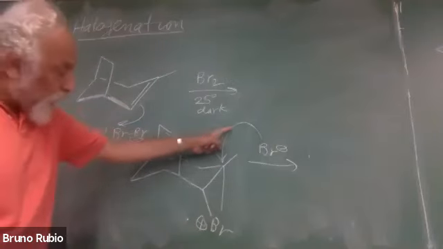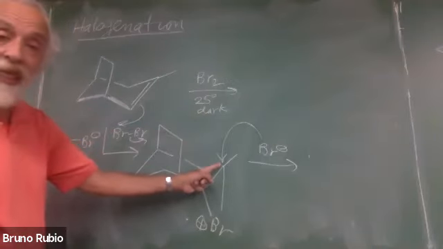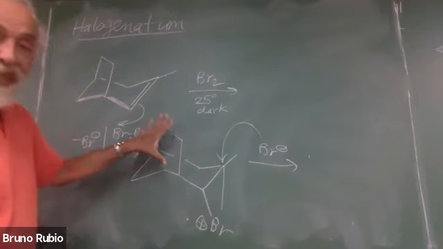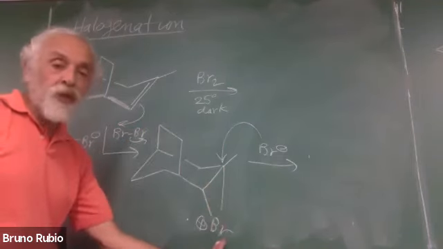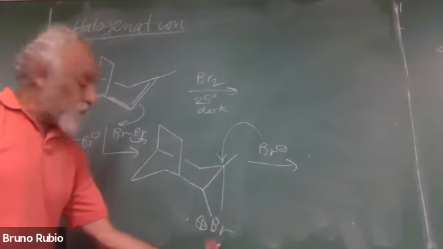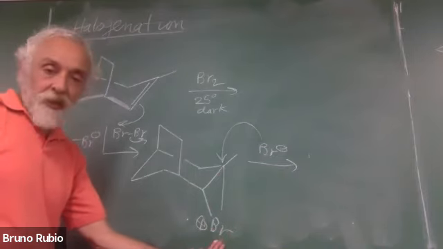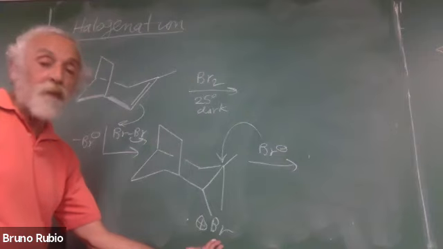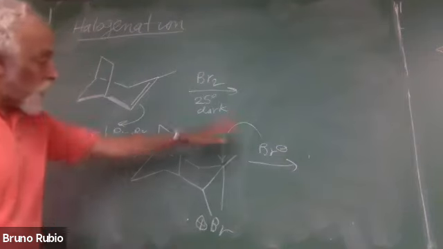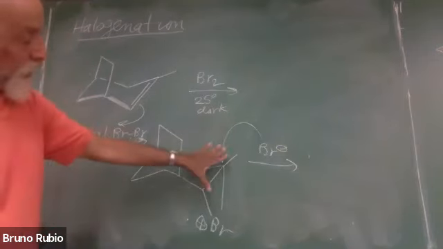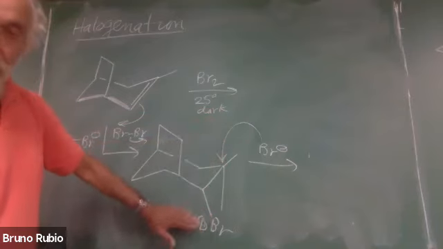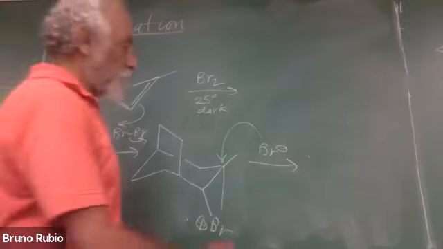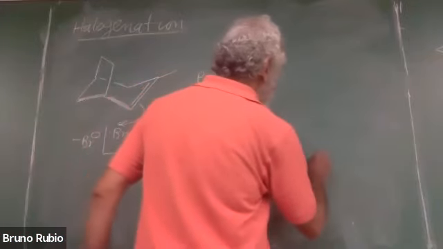Yes, this Br minus has trouble getting in here because of the stick-up feature, but it would have more trouble getting to this carbon by trying to somehow circumvent this Br plus. So the Br minus comes in from the direction opposite this Br plus.